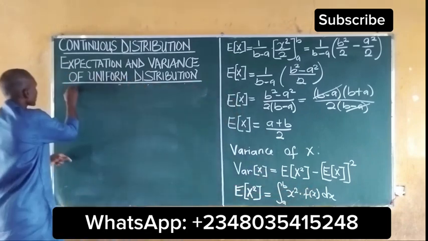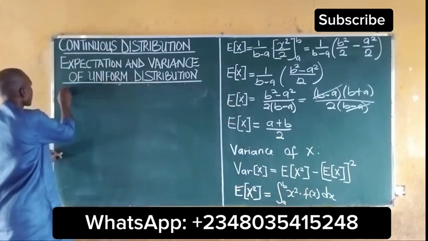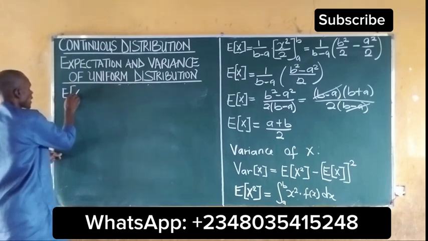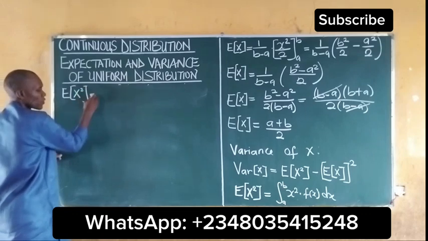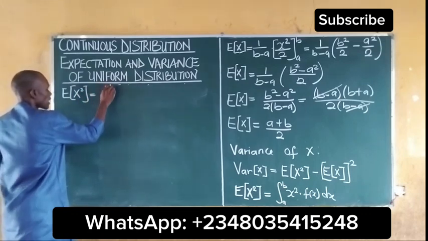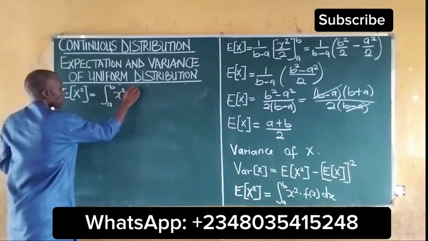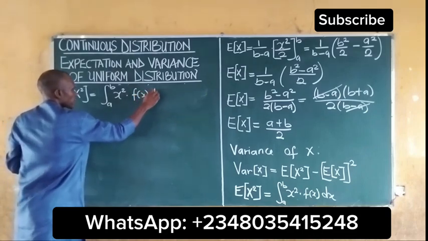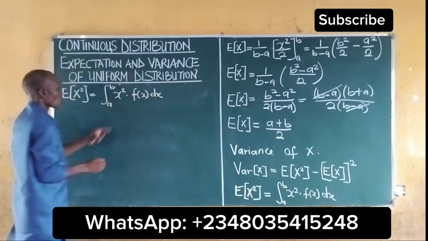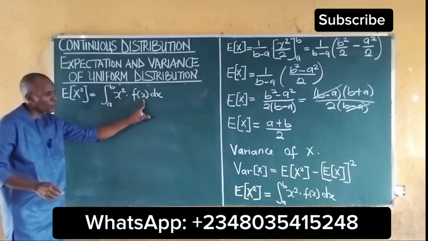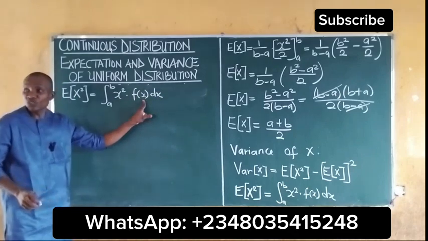That is, writing it out properly, we have the expected value of x squared equal to the integral from a to b of x squared multiplied by f of x dx. So all we need to do is to put in the uniform distribution here.